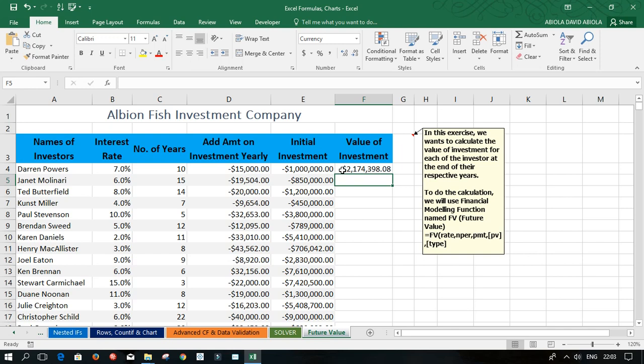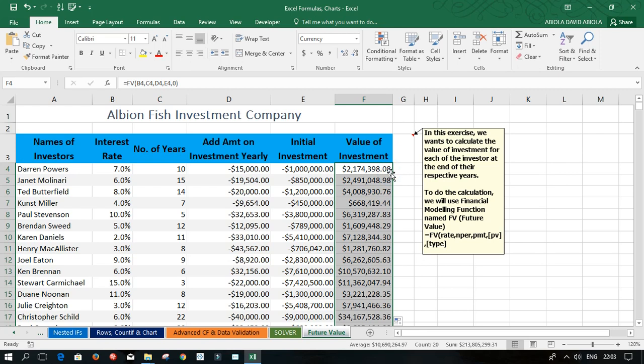So this is good, and I'm just going to use my fill handle to copy down for all my account managers. You can see that this is the amount of money that each of these investors are going to make, going by their initial investments, additional amount on investment yearly, number of years, and interest rate.